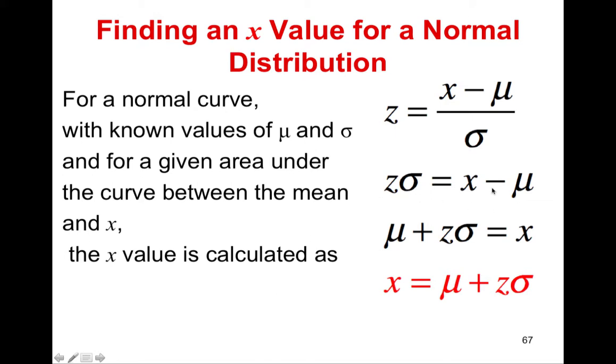Then we're going to add the mu, or mean, to both sides. And kind of switching the left and right-hand sides, we come up with this important rewrite of the z-score. The value x in question is the population mean plus the z-score that created that area times the standard deviation.